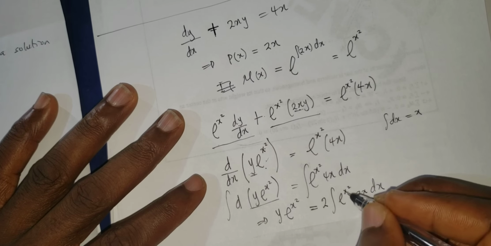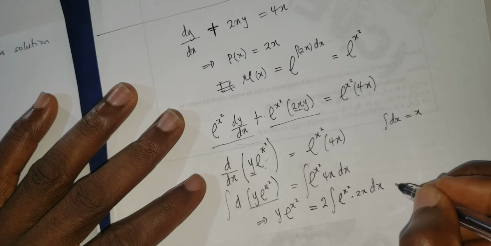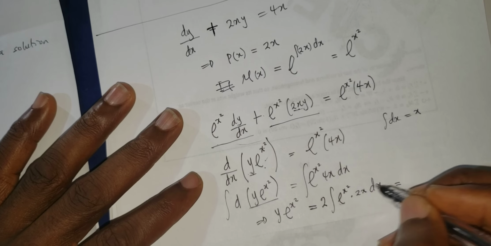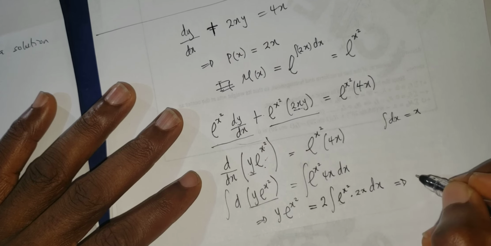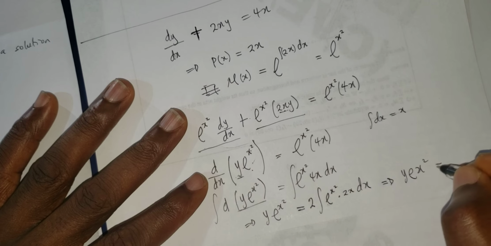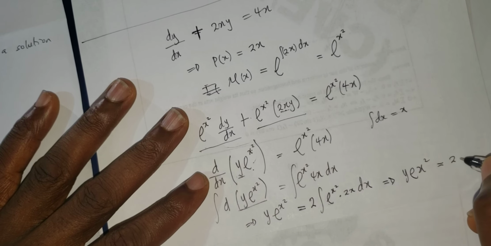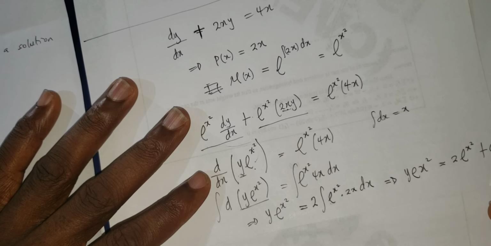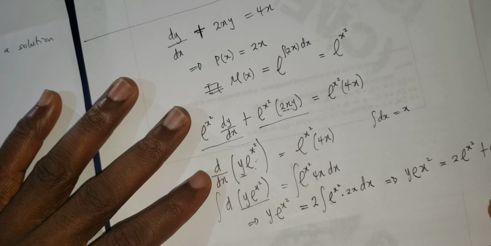So it's obvious that the integral of this is simply equal to e raised to power x squared. So this is just going to give us y e raised to power x squared is equal to 2 e raised to power x squared, then plus some constant of integration c.